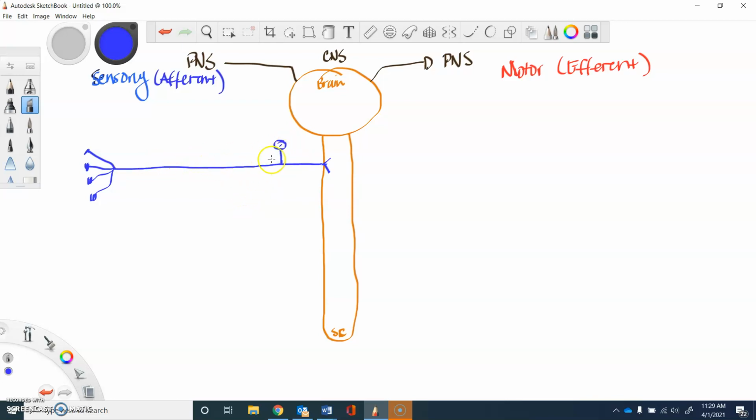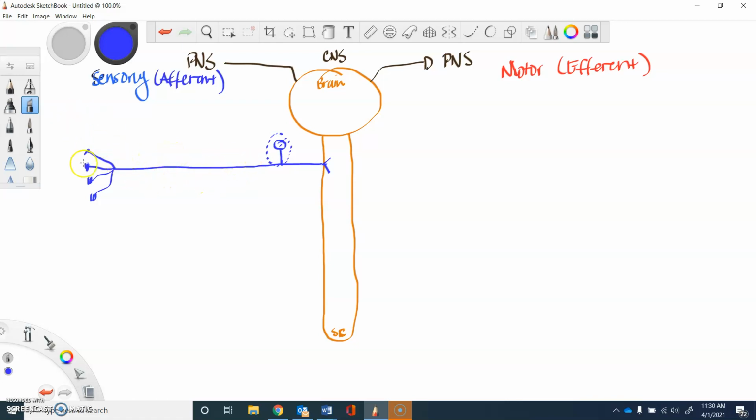And all of the sensory nerves enter the spinal cord, and their cell bodies are located next to or to the side of the spinal cord. So this thing right here is a ganglion because that's where the cell bodies are.